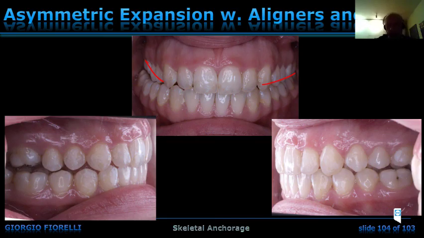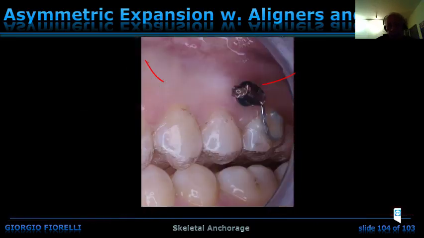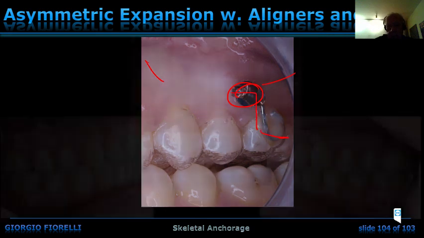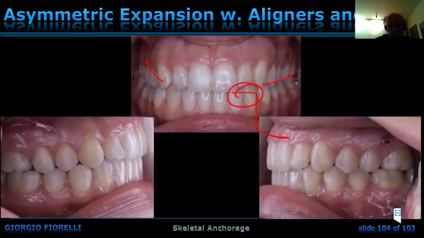So I did a second set of aligners, but this time I was smart enough to place my TAD here. And this led to a very nice solution of the case. See? Here, nothing, I just removed the TAD at the end. The molars are okay, and here is corrected.